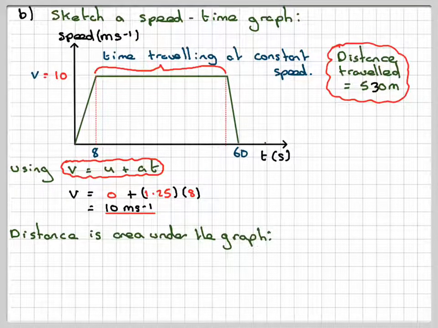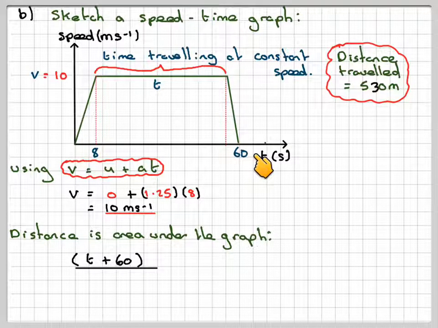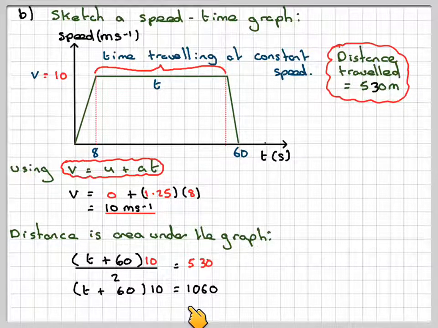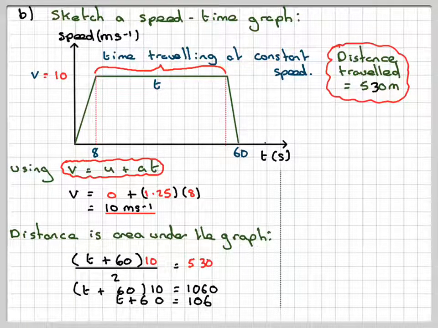So t plus 60 times my height, which I've just found to be 10, divided by 2, has to be equal to 530. I need to solve that. Multiplying by 2, I get t plus 60 times 10 is 1060. Then t plus 60 must be 106, therefore t must be 46 seconds.